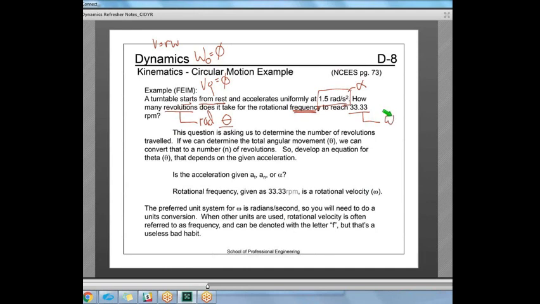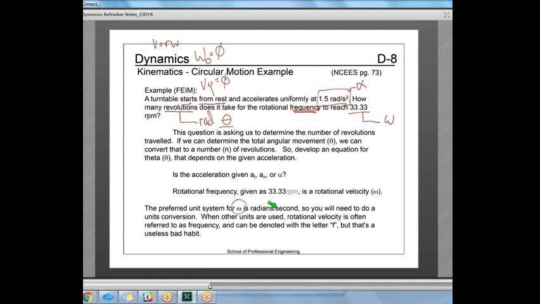So how many revolutions does it take for the rotational frequency to reach 33.33 RPM? What variable do we put here next to our 33.33? Omega. Now I could have said how many revolutions does it take for the velocity to reach some number of meters per second, right? And then you do the V equals R omega thing and turn that velocity into an omega, and then off you go.